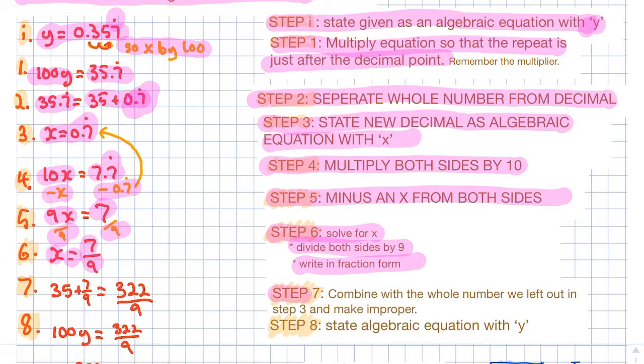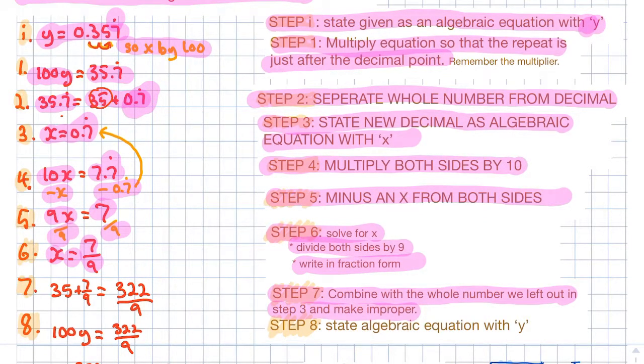Now, the next step is step 7, which is combine the whole number we left out in step 2, and make an improper fraction. So what that means is this whole number here in step 2, we need to bring that back in because it was originally 35.7 repeat.